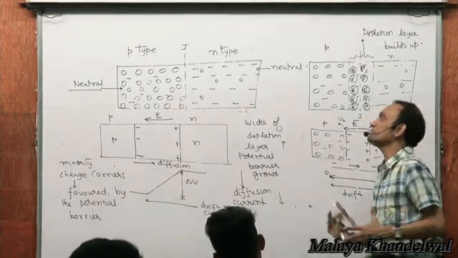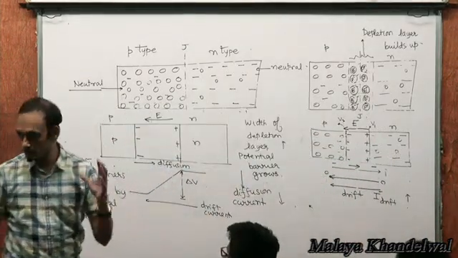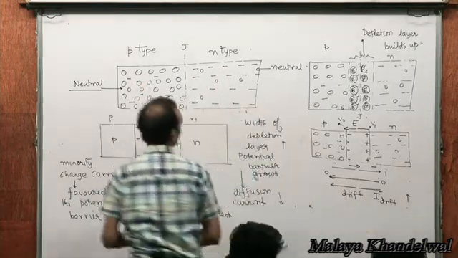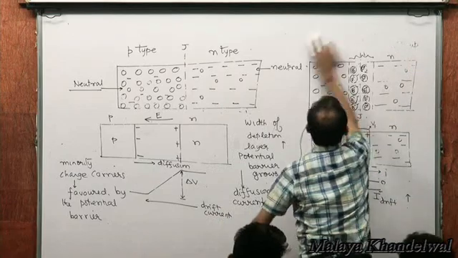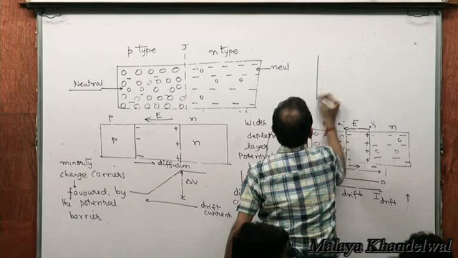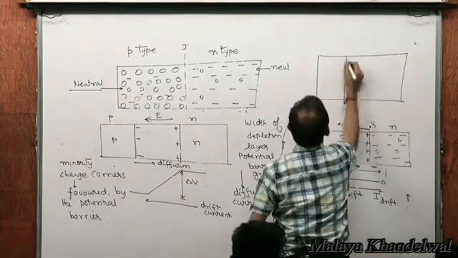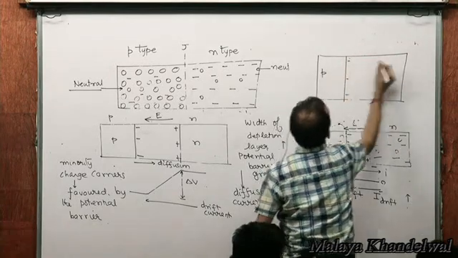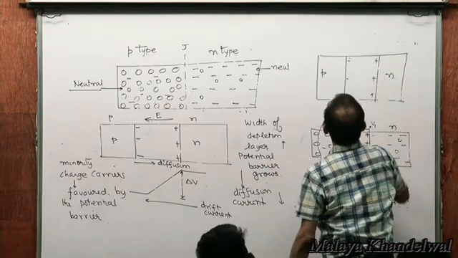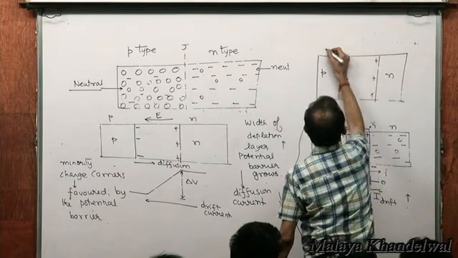What happens is, in a typical doped silicon semiconductor of PN type, this would be my P type, this would be my N type, and there is going to be a potential hill here.